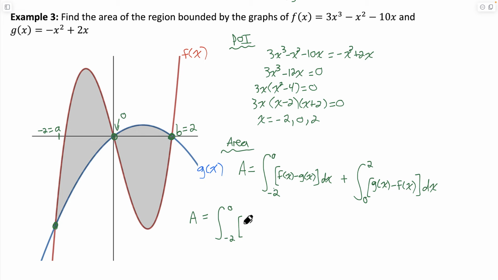f(x) minus g(x) would be 3x cubed minus x squared minus 10x minus negative x squared plus 2x. And g(x) minus f(x) would be negative x squared plus 2x minus 3x cubed minus x squared minus 10x, dx.